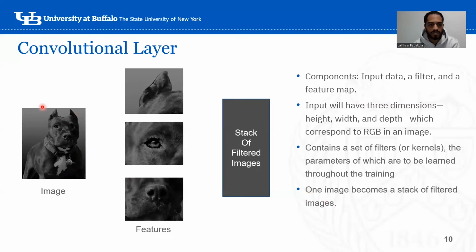You see an image of a dog here, and these are the features which I have described for this particular image. These features can be 3 or 4 or 5, depending on our requirement. With the help of these features, this image will be converted to a stack of filtered images. The process of conversion from this image to this stack of filtered images will be explained in the next slide.